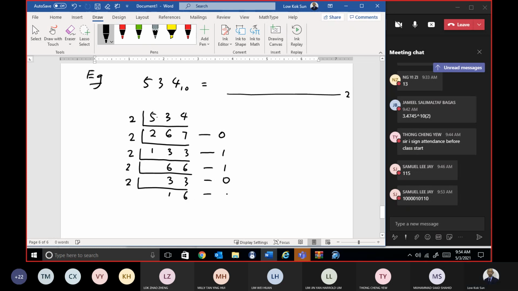6, 1 remainder. Make sure you put the remainder carefully, correctly. Here got 8, no remainder. 4, no remainder.